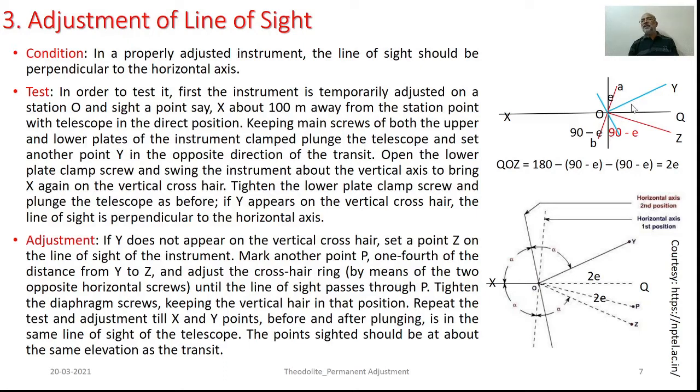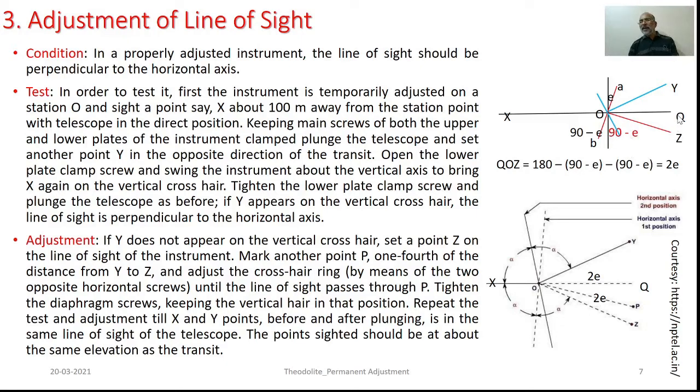As such, it is not exactly perpendicular. Hence, on the opposite side, there has to be a 90 minus E angle. As we alter the position of this particular face, the angle, say here, this particular ZOB will also be 90 minus E.